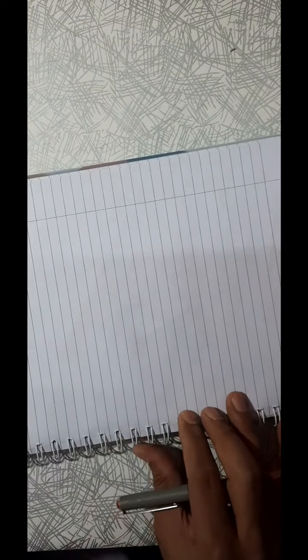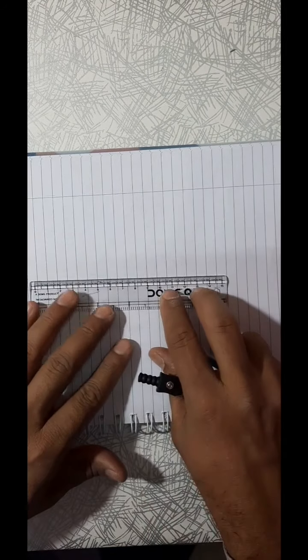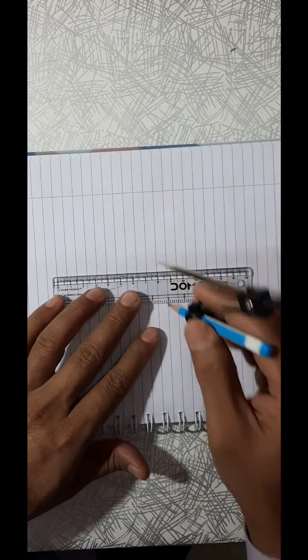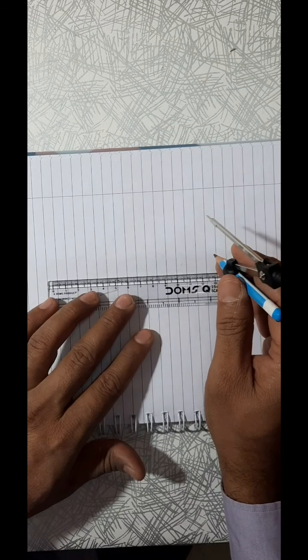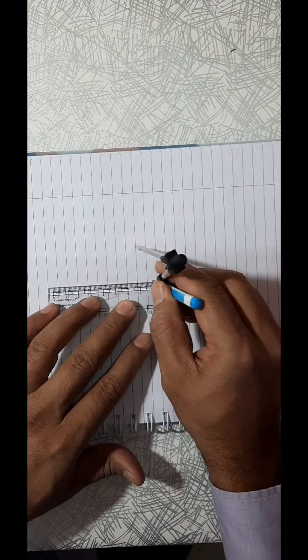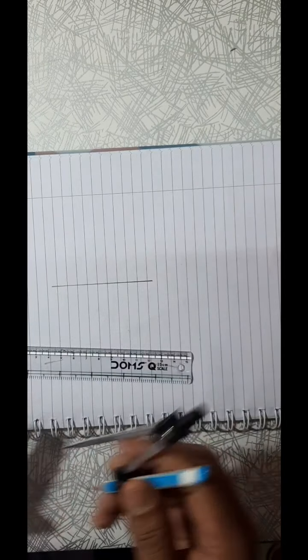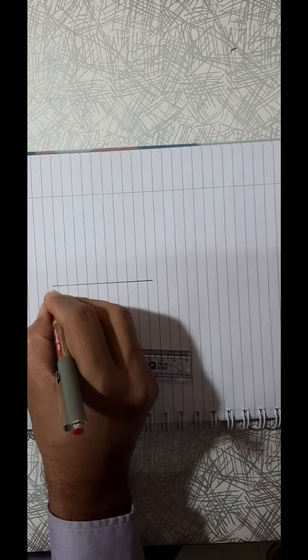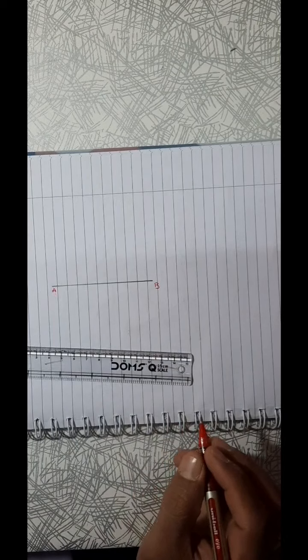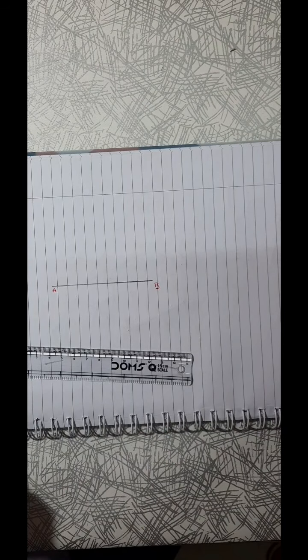Question number 5. Draw a line segment AB of length 8 cm. This also we will do horizontally. Total 8 cm. Taking A as a center, draw a circle of radius 4.